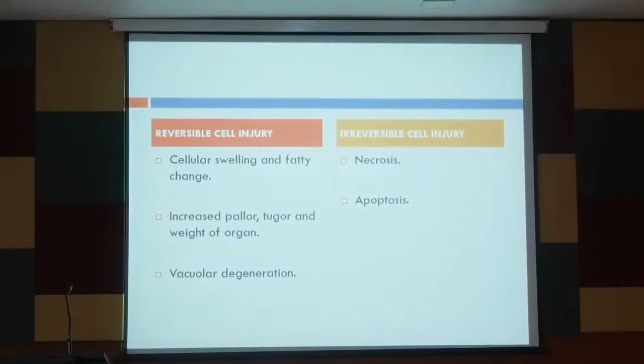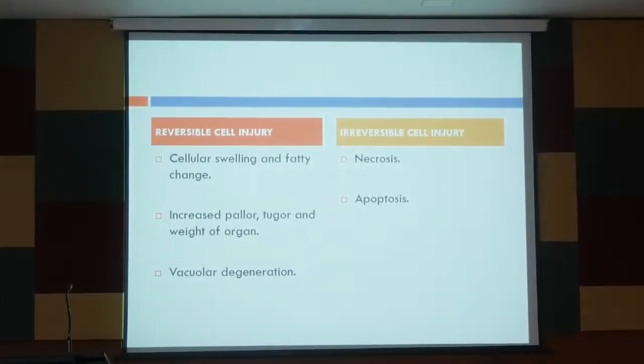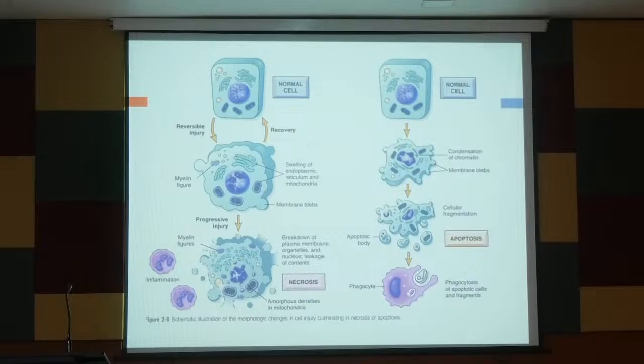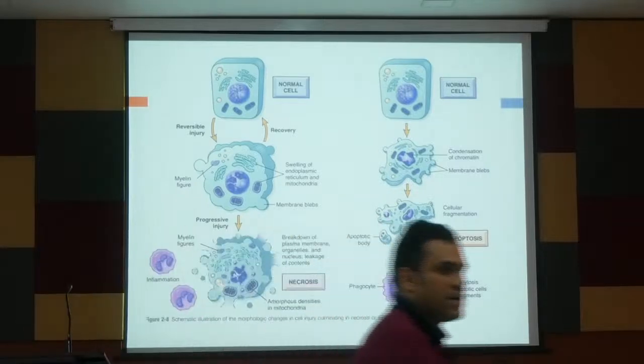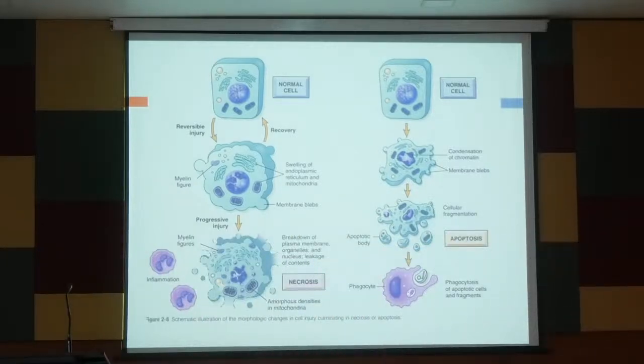Irreversible injury is manifested. Yesterday I told you there are two ways to manifest irreversible cell injury. One is necrosis, the other is apoptosis. Okay? So this is a normal cell. First and foremost, it undergoes reversible cell injury. At the gross level, you have made out that there is increase in the size of the organ, because there is vacuolar degeneration, there is cellular swelling.